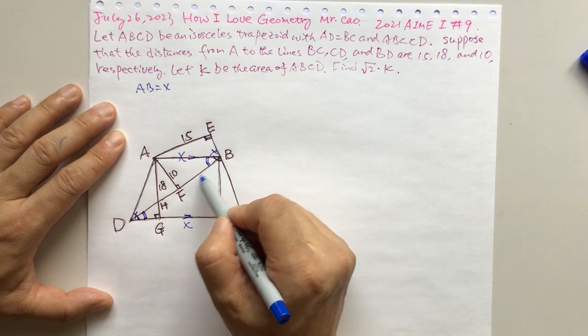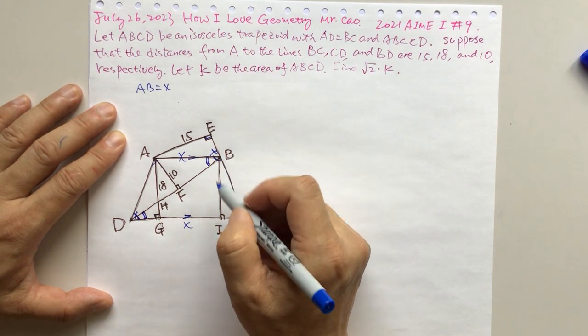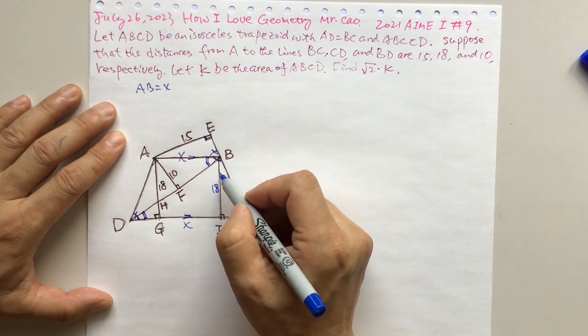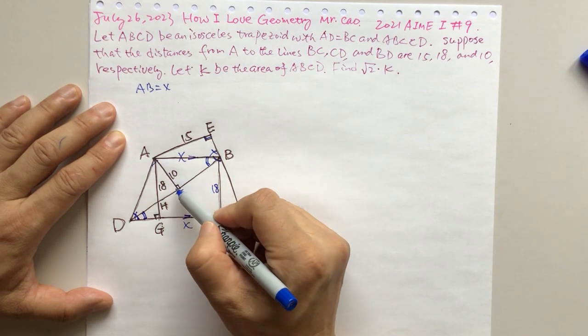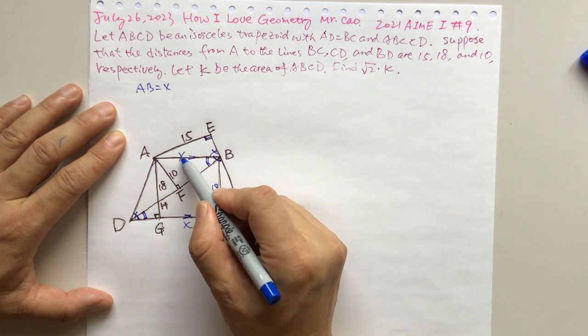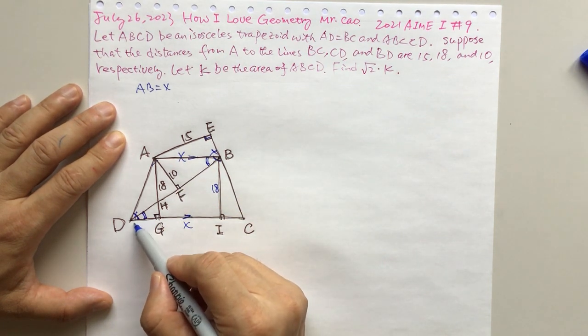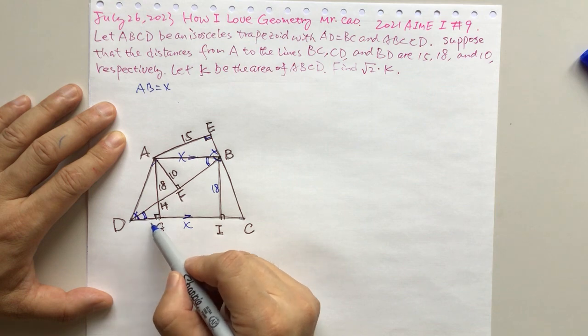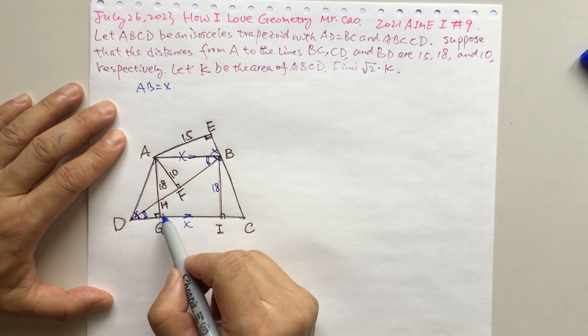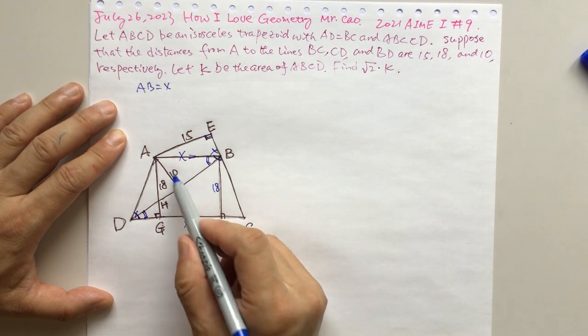It's also a right triangle, and BI is 18, right? And we know AF is 10. We will use all of the given information, and here is x, and DG can be represented with x. Then we get the equation, we solve it, find x, then we get the area.